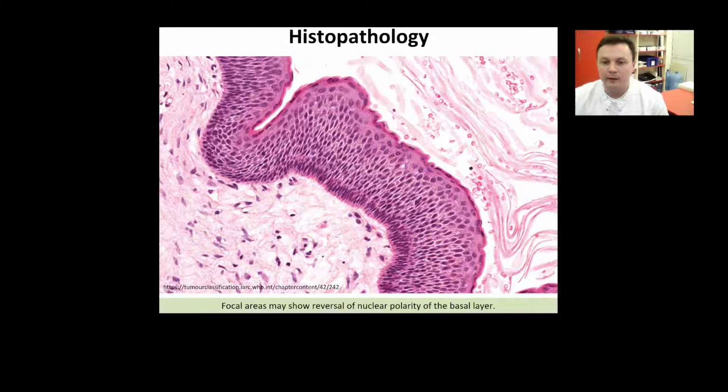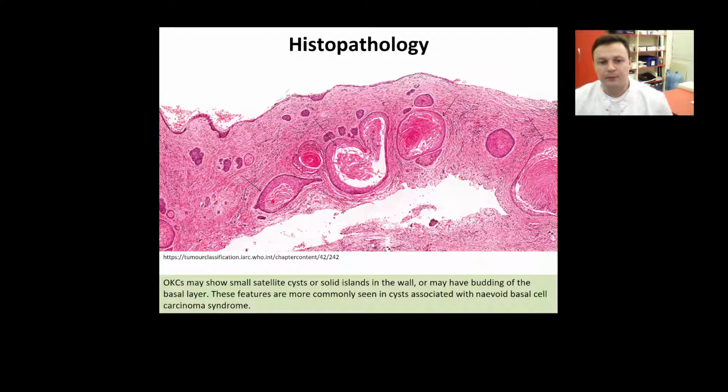The basal layer is well defined and often palisaded with hyperchromatic nuclei, and focal areas show reverse nuclear polarity. These features are diagnostic and distinguish OKC from other jaw cysts that can show keratinization.